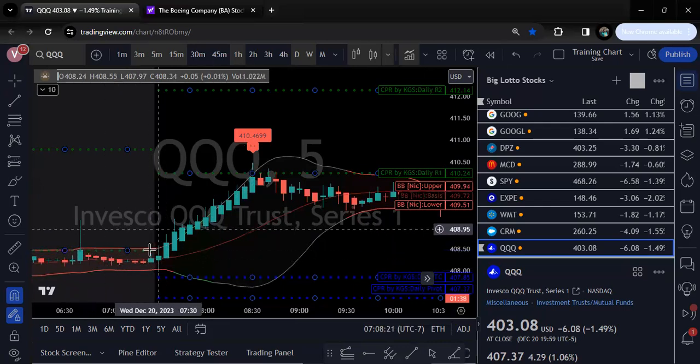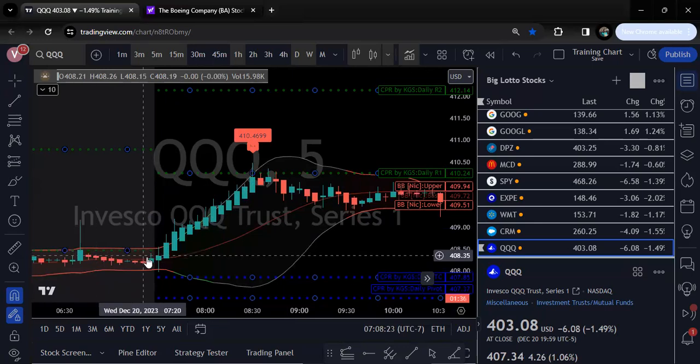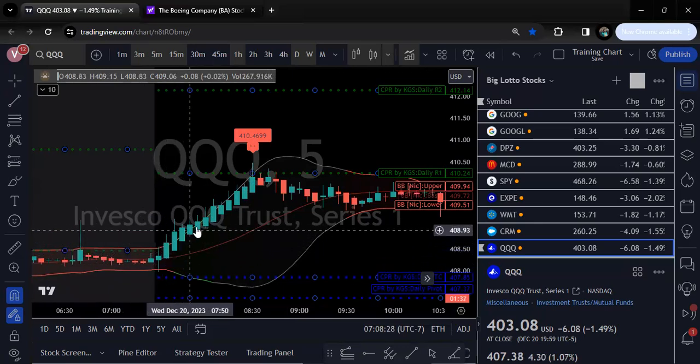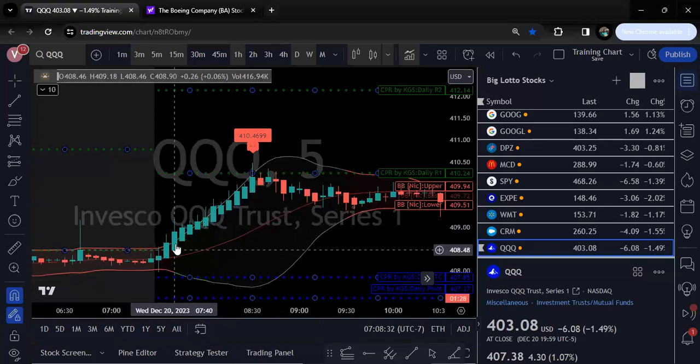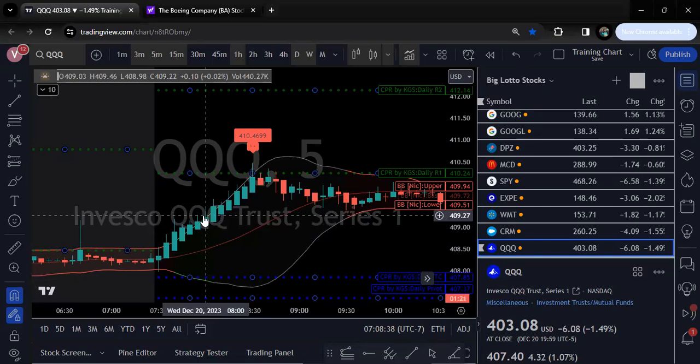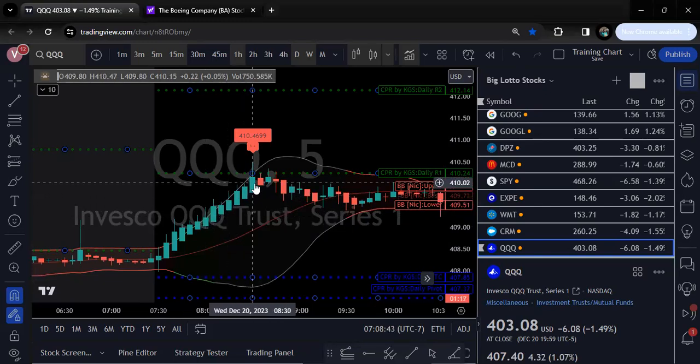This is the candle that broke this consolidation. 1 to 12. So if it's a strong trend, I'm holding 6. This is 5 minutes. 6 candles is 30 minutes. 9 candles is 45 minutes. 12 candles is what? 1 hour.